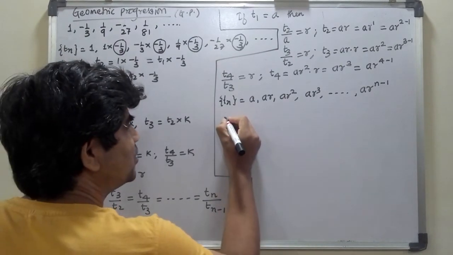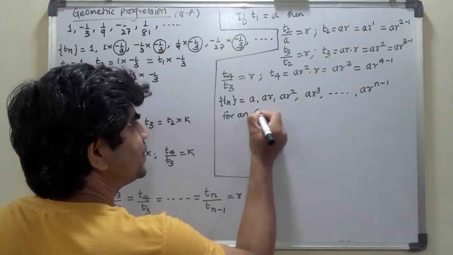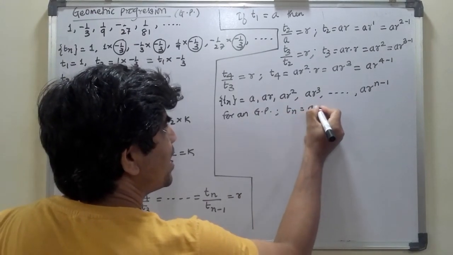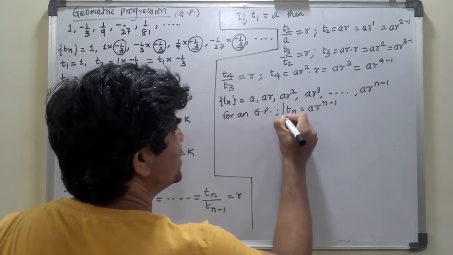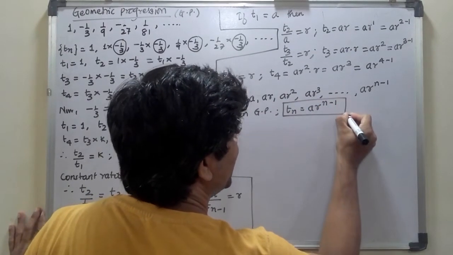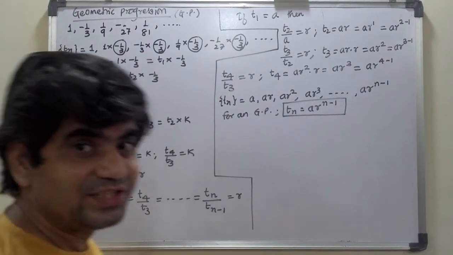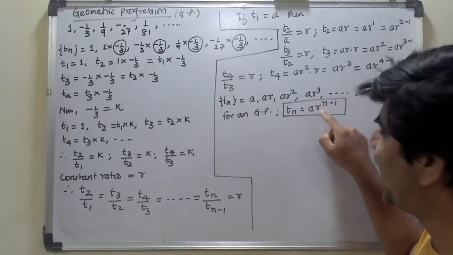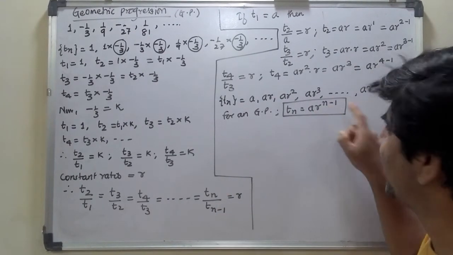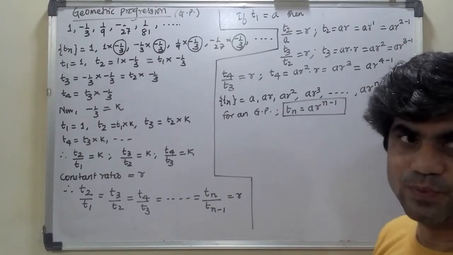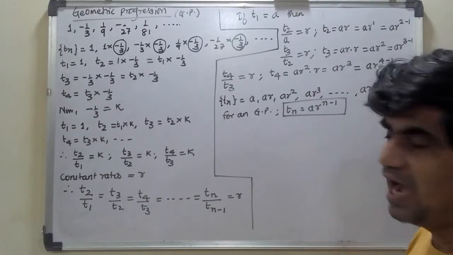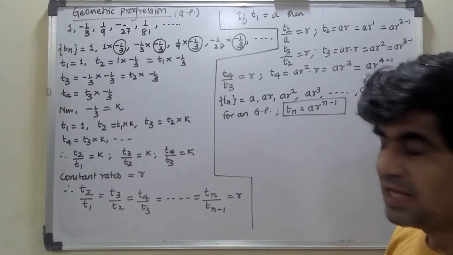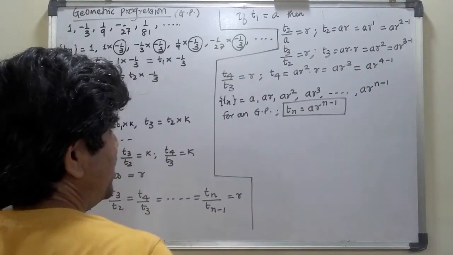Therefore, for a GP, your general term Tn is AR raised to n minus 1, where A stands for term number 1 and R stands for the common ratio.